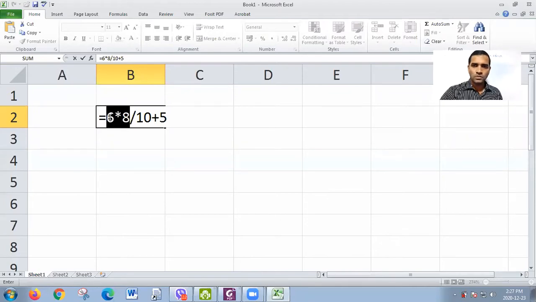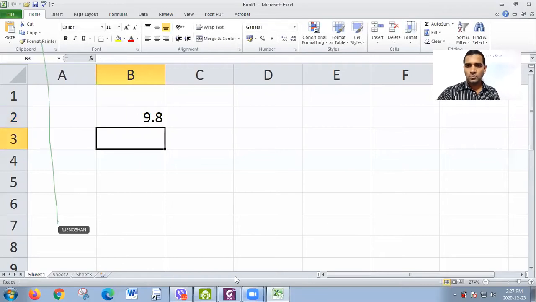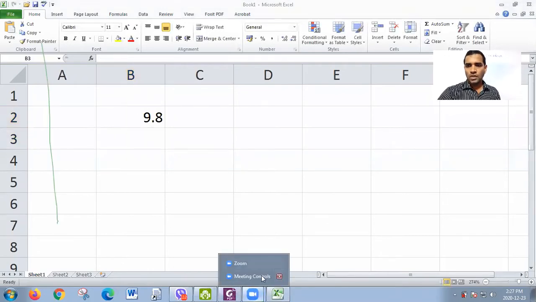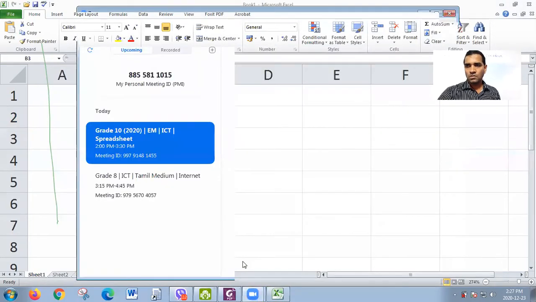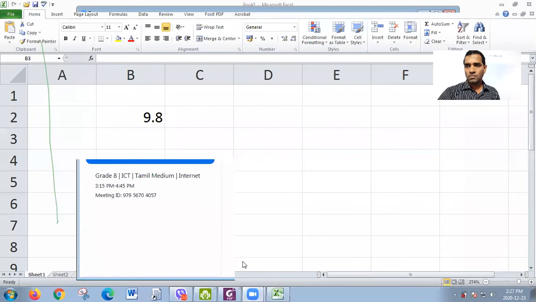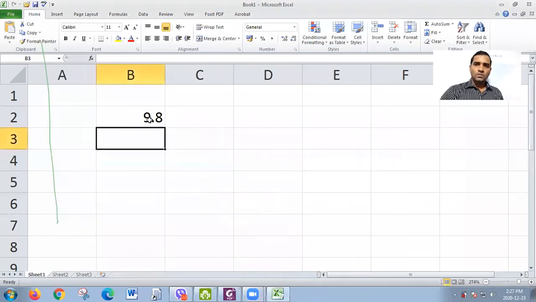So do this first. So 6 into 8, 48, right? So 48 divided by 10, which means 4.8. So 4.8 plus 5, which is 9.8, right? So your answer should be 9.8. Okay. Right. So 9.8 is the answer.